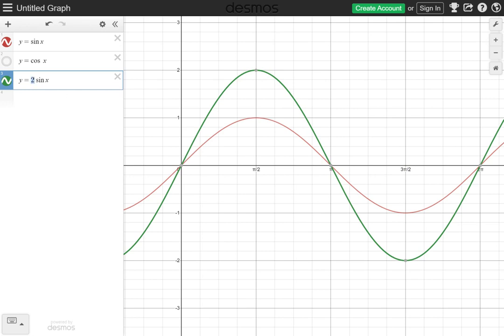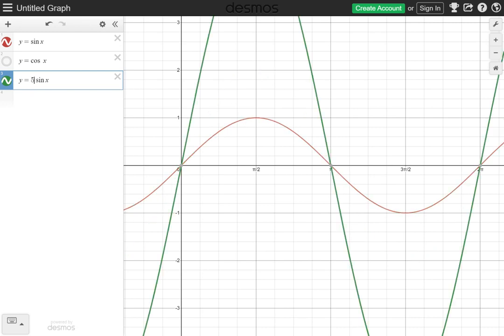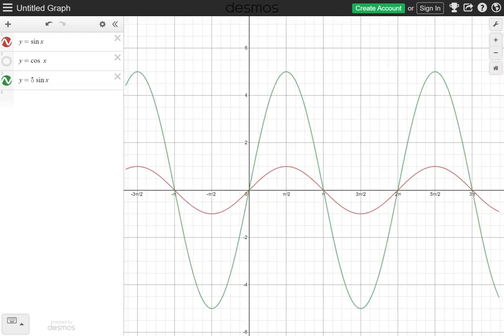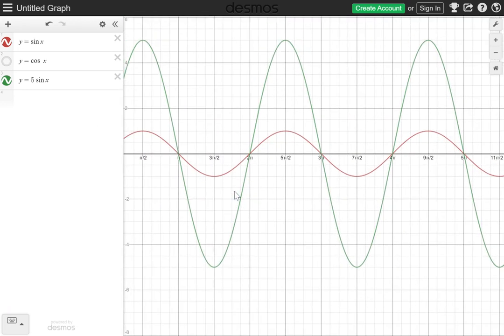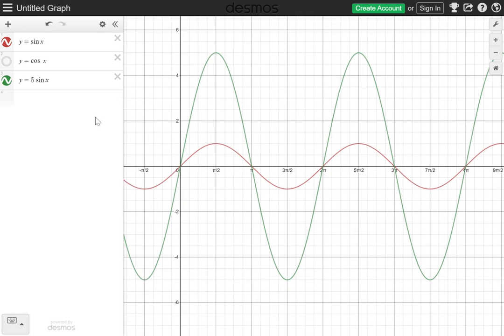So in general, our amplitude is the absolute value of a. A is the number that we're multiplying our sine or cosine function by. So if we put in 5, all of a sudden, our sine wave is 5 times taller. So instead of going up through 1, you now go up through 5.